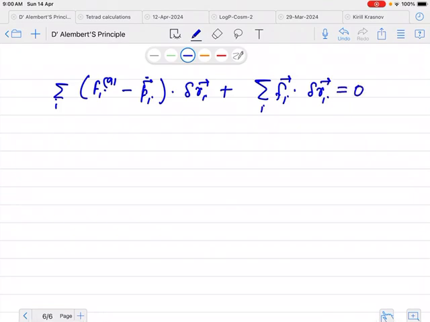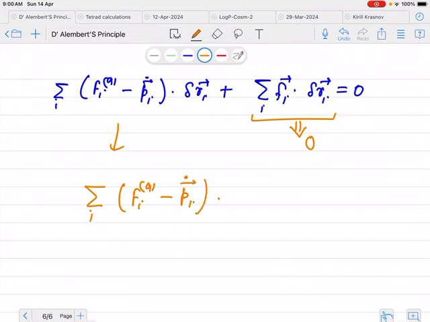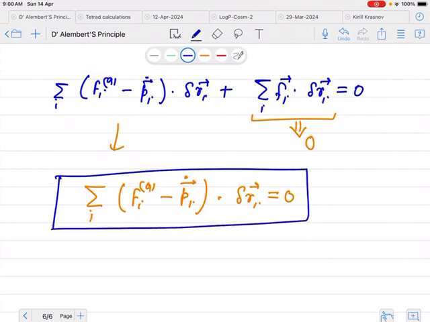Okay, again we restrict ourselves to a system in which work done due to this constraint force will be 0. So this work done will vanish. So our equation becomes Fi applied force minus Pi dot del Ri is equal to 0. Okay, this is equation 1.45.